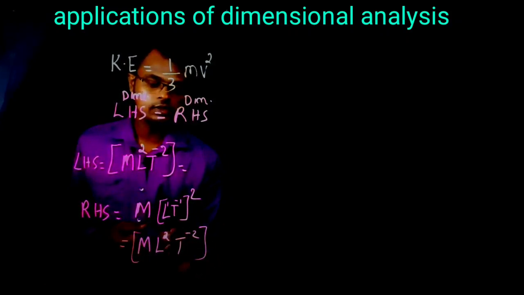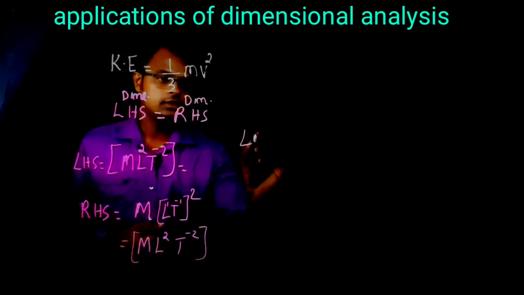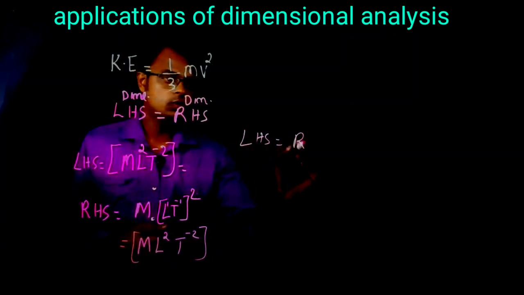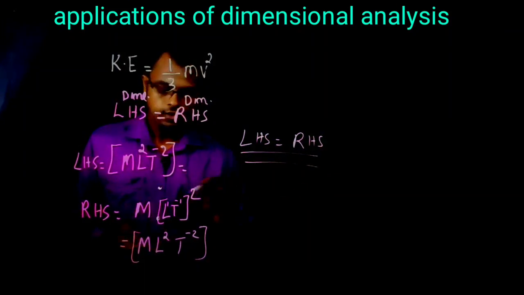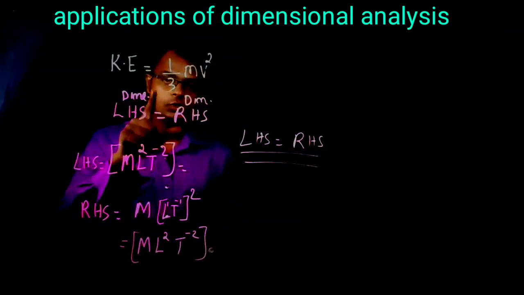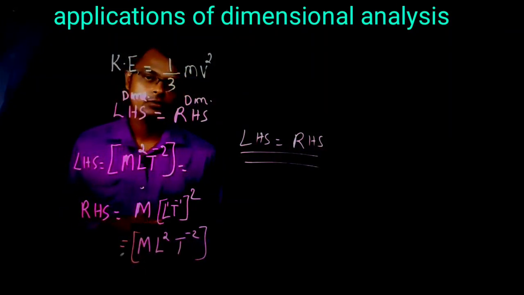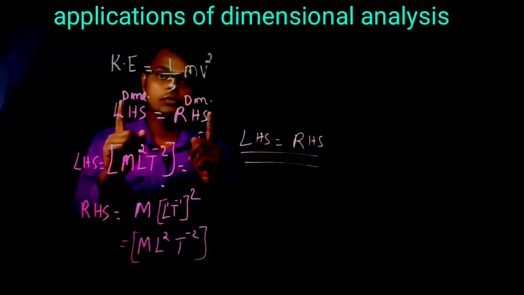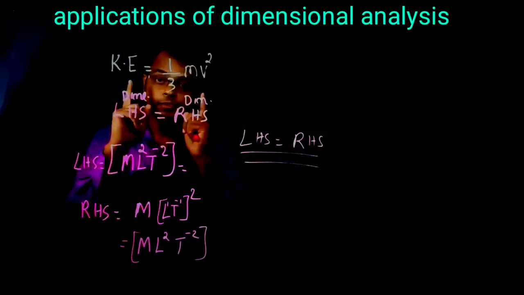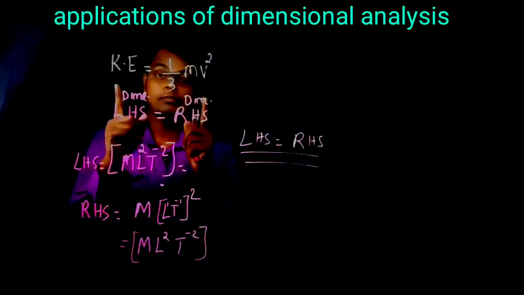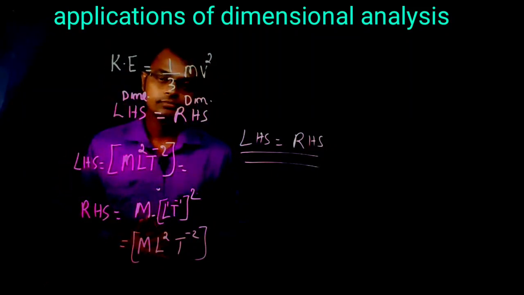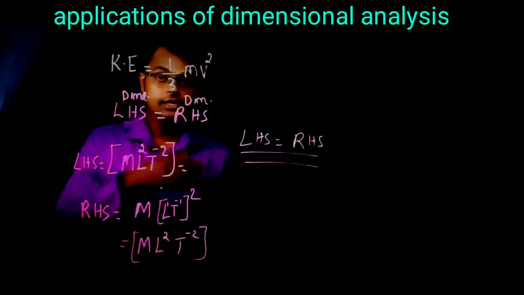So you see LHS is equal to RHS. That means the dimensions on LHS equal the dimensions on RHS. So what we have proved here is the principle of homogeneity, or we can say the given relation is dimensionally correct.